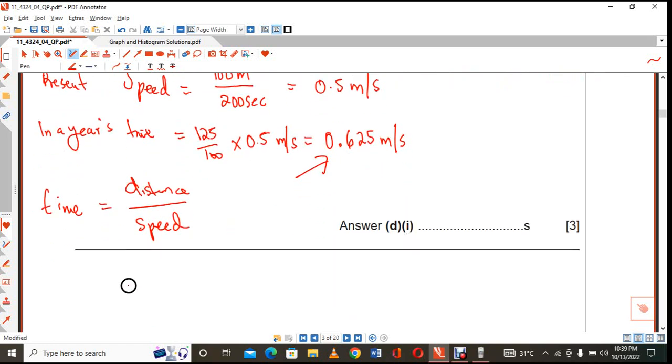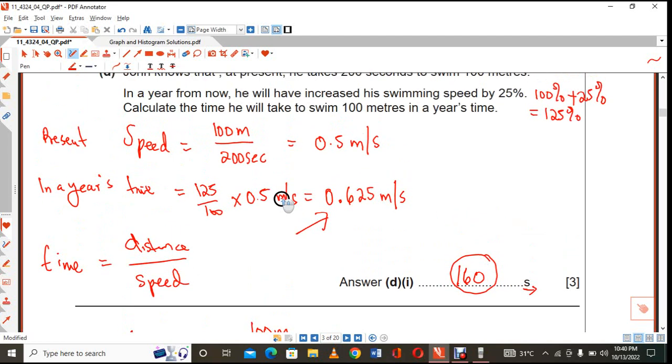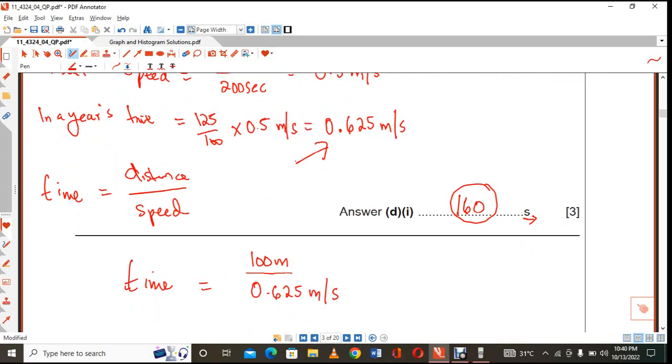So the time, which is what is required in this question, is the distance of 100 meters divided by the speed of 0.625 meters per second. Once you do that, you get 160 seconds. That is the answer we were looking for, because it says calculate the time. So read it very carefully.